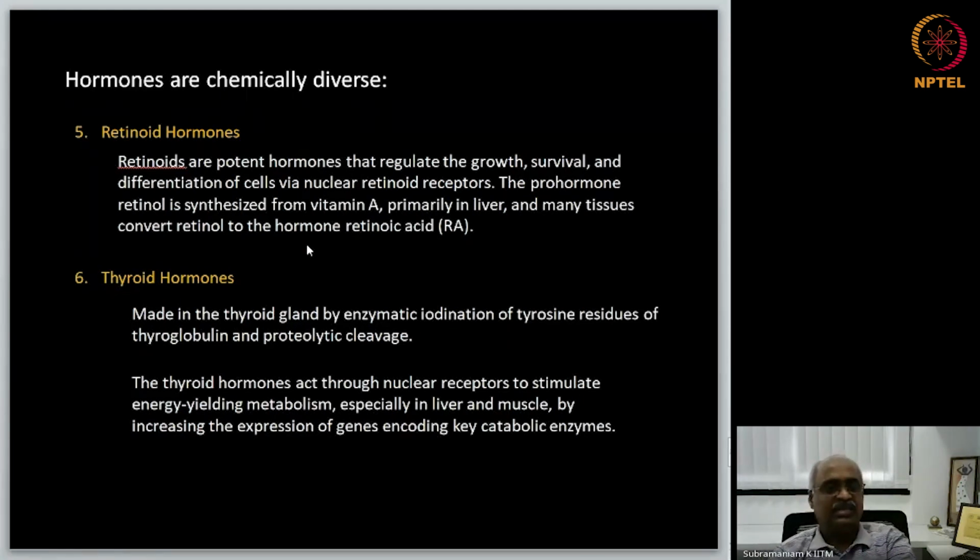So the acid version is the retinoic acid, which translocates into the nucleus and binds to the retinoic acid receptor, and that binds to retinoic acid response elements and regulates gene expression. And what kind of genes are regulated? Genes involved in growth, survival, and differentiation of cells.